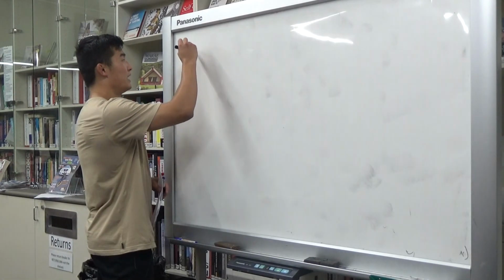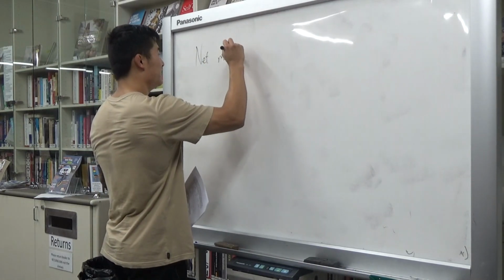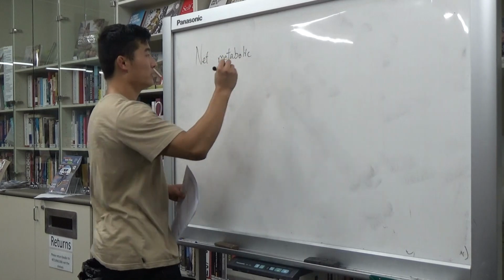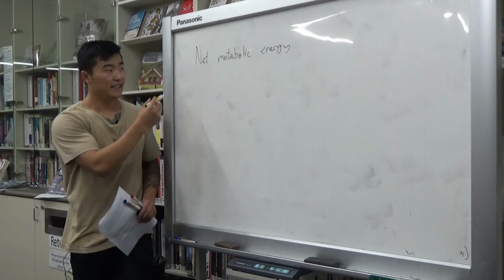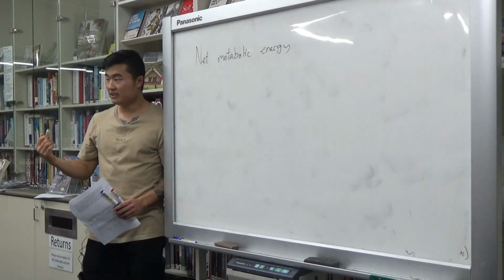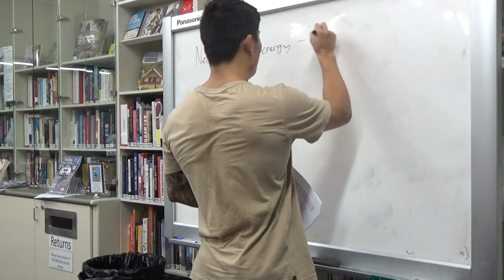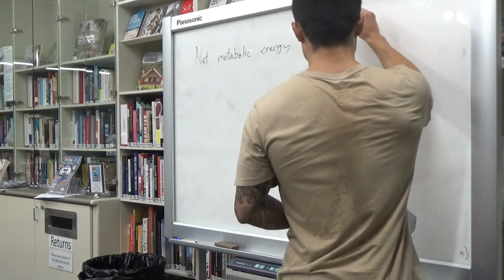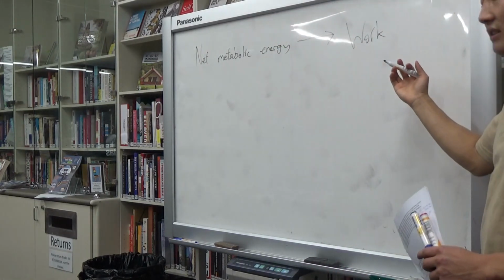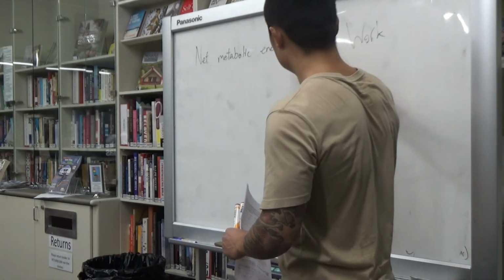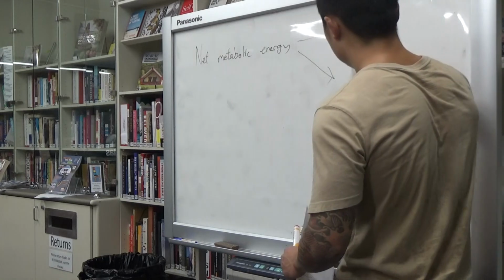So your net metabolic energy, this is the energy that your metabolism uses. So how much energy your body burns up, it can turn into work, so that's you actually moving or performing some kind of mechanical task, or it can turn into heat.